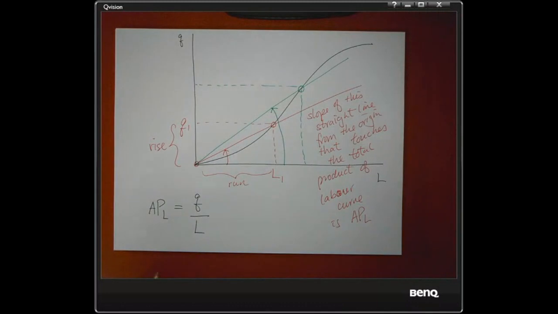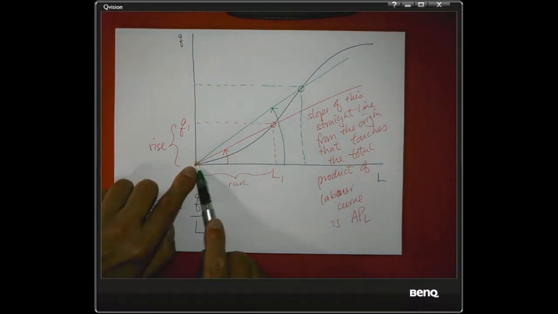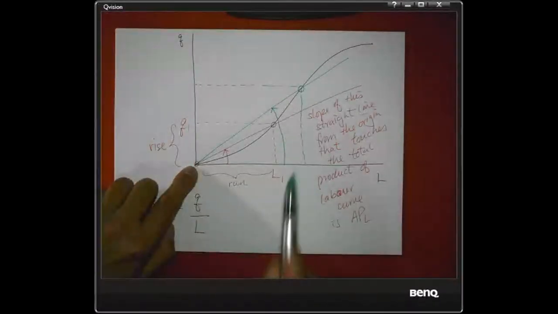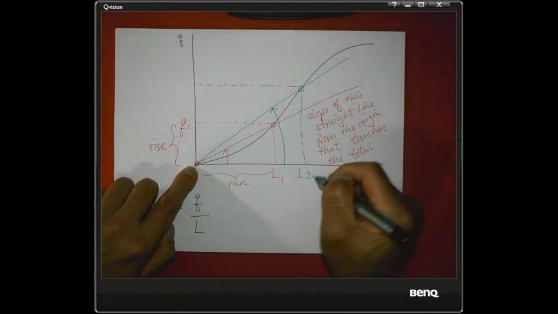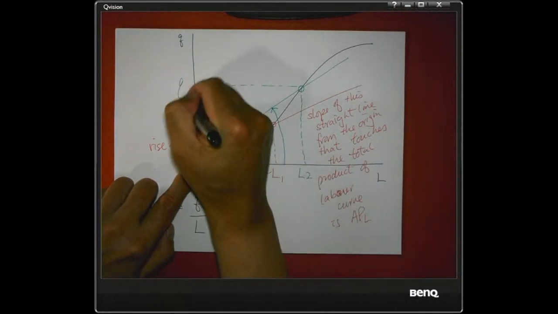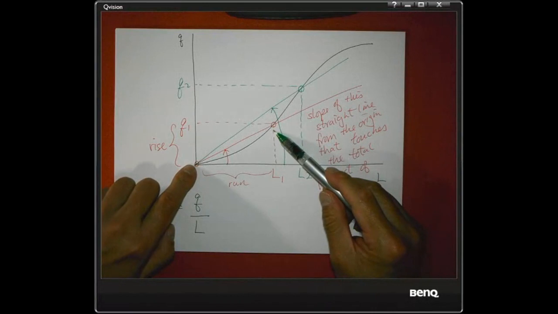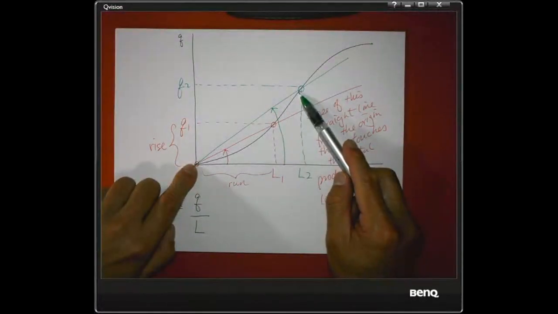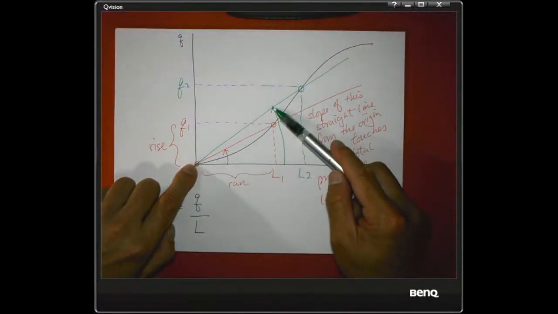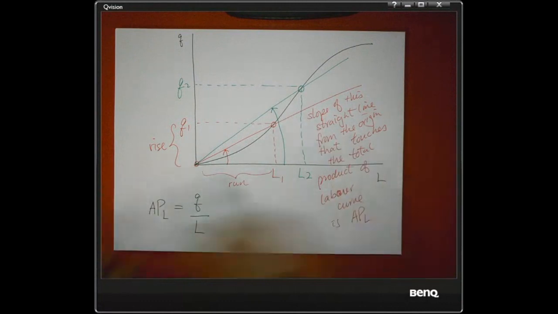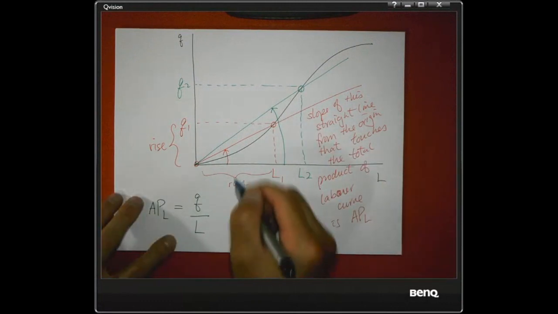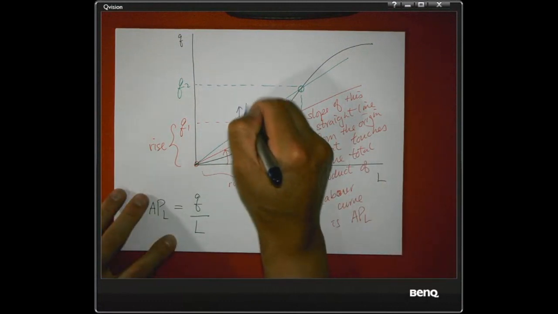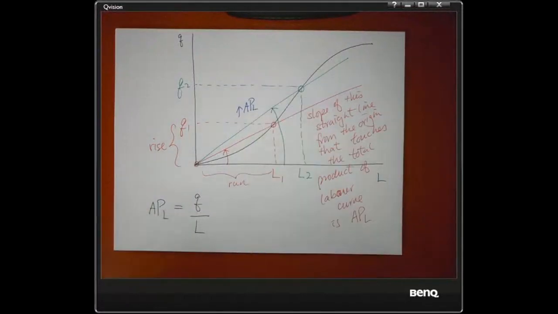As you can see, as we increase labor inputs from L1 to L2, the slope of the straight line from the origin is actually getting steeper. In other words, increasing average product of labor.